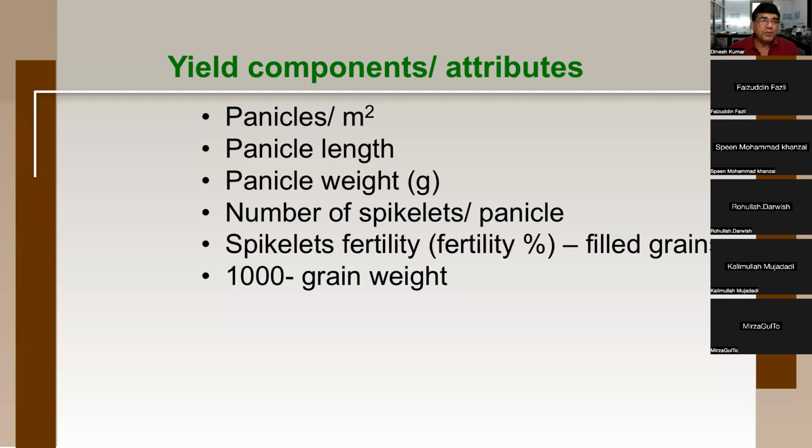And now if you want to calculate unfertile or unfilled spikelets, then 20 into 100 divided by 120. Okay, do it. How much is it? Sir, it is 1.666. No, it should be somewhere around 17.